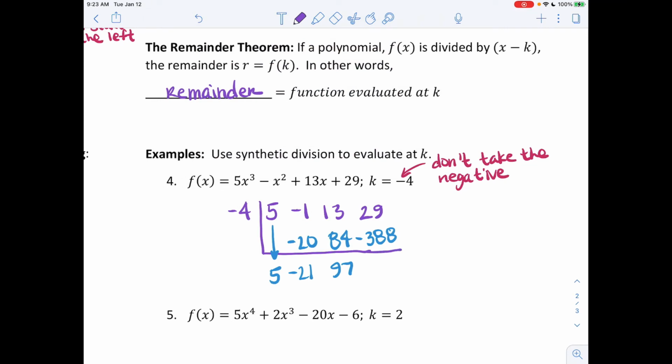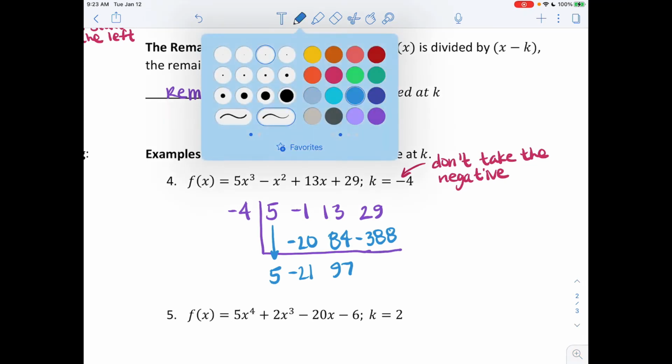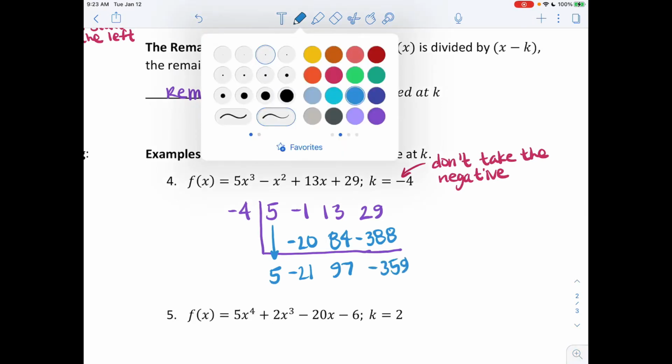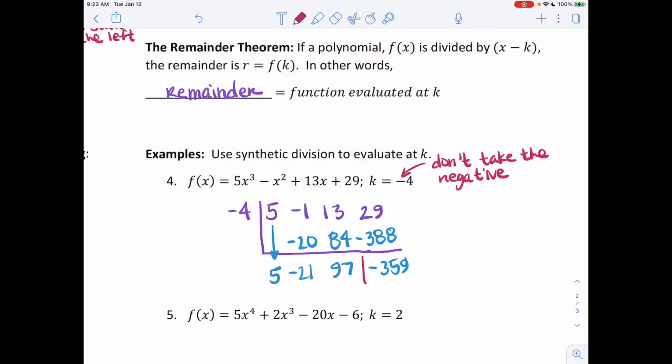And when I add 29 to that, I'm going to get -359. Now, instead of writing our entire quotient and remainder this time, remember we're using synthetic division as a way to evaluate our function at a value of -4.